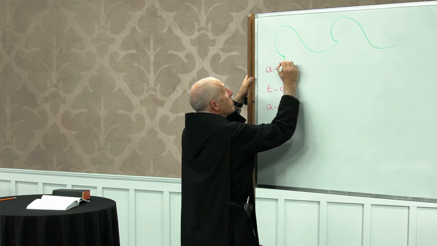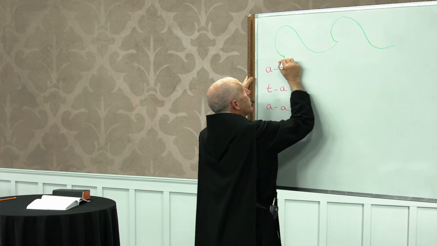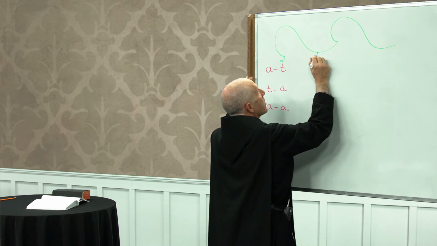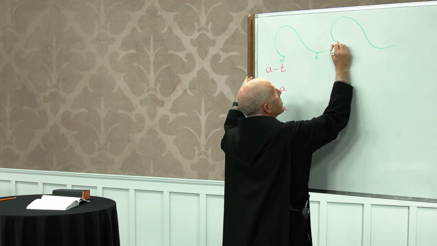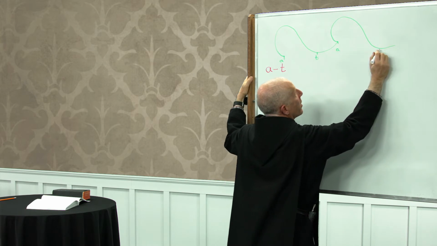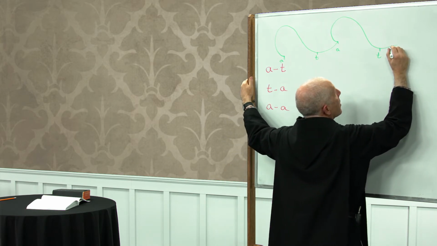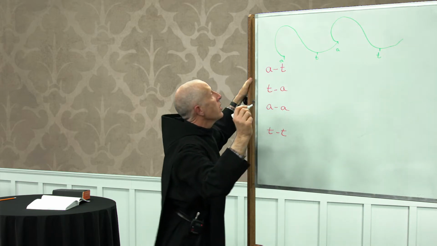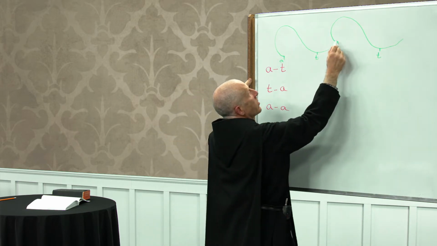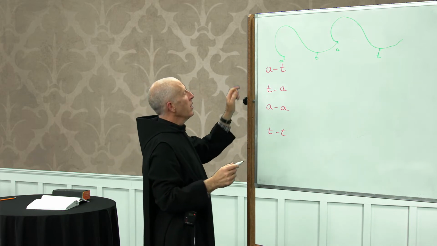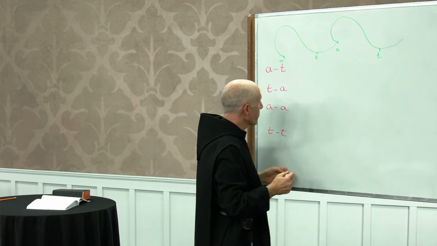There, ictus, arsis, here, thesis, here, arsis, here, and thesis here. That should go like that. There you've linked up an arsis thesis to an arsis thesis. That's by juxtaposition.